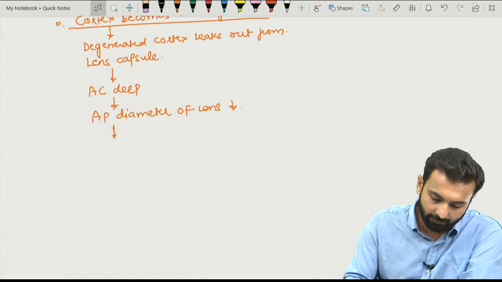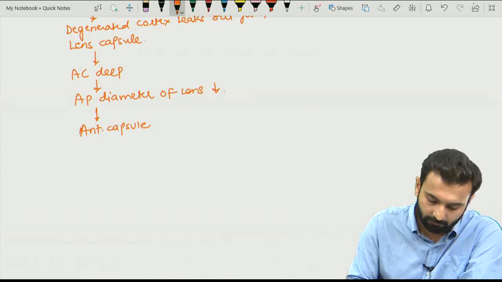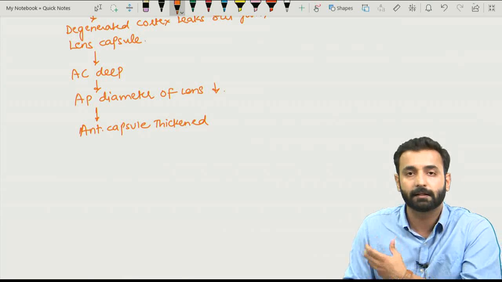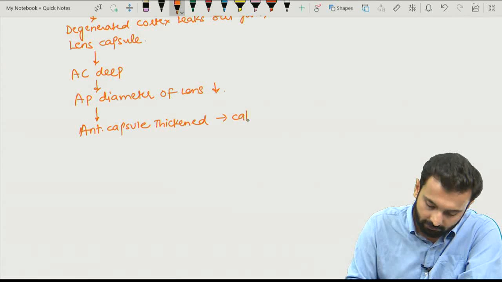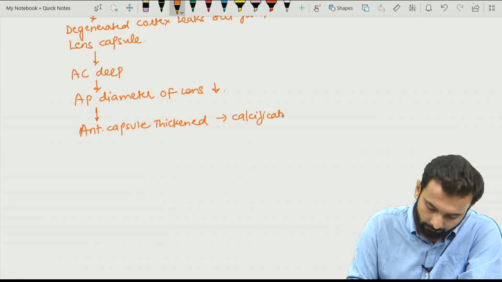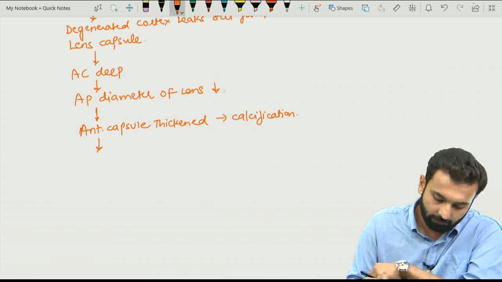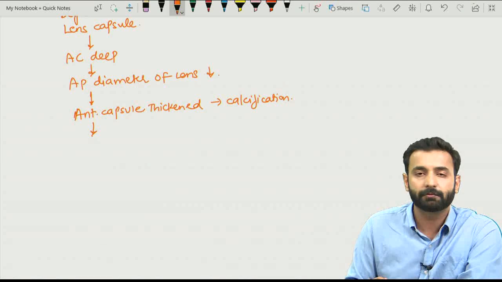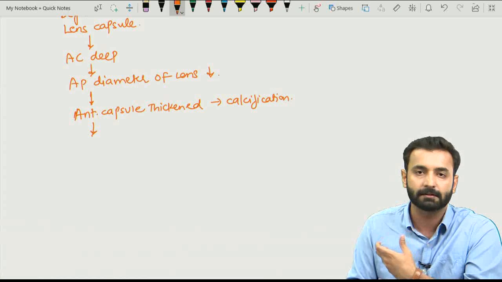Now what will happen further? In hypermature cataract, the anterior capsule will thicken. Why is it thickening? Thickening of the anterior capsule occurs because of calcification, which will further lead to the lens and the iris becoming tremulous, right? Tremulousness of the lens and iris is seen.